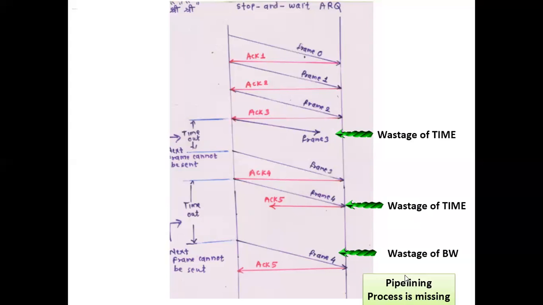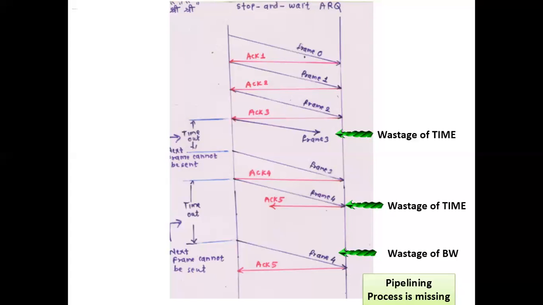Pipelining is missing in this stop and wait ARQ, because of which the speed of data communication is going to be reduced, and that we don't want in our data communication. It has to be increased. Slow speed of data is not going to be useful in today's network communication.